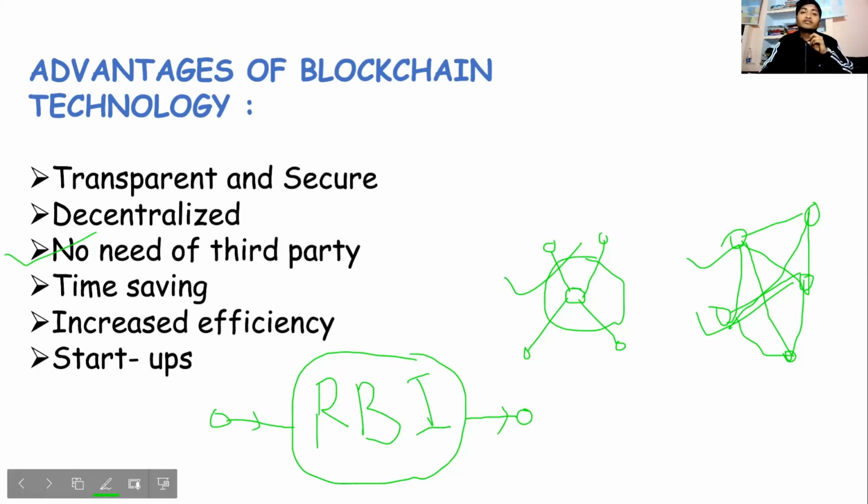In this way the transactions will be completed, but RBI will have every detail of the transactions, the timings, the amount of money, everything in the account of RBI. But in this blockchain technology, there is no need for any kind of third party.